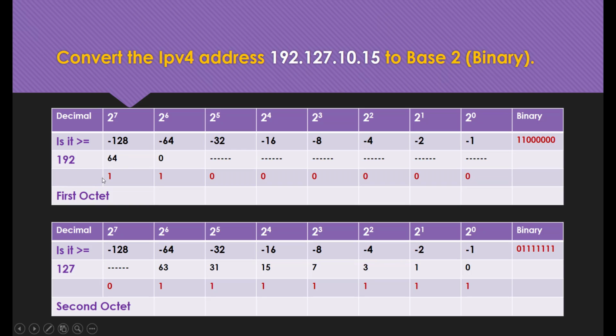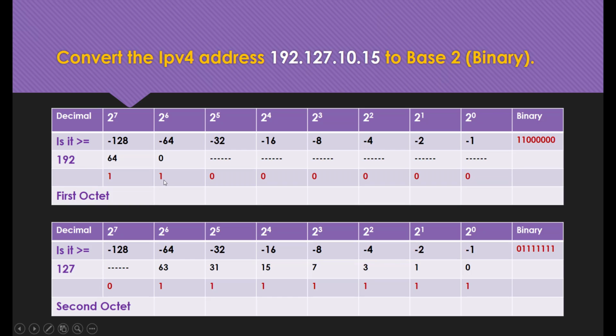We can see the first octet, which is 192. We'll take it through the same process: is 192 greater than 128? Yes, true, and that's why we have 1. And 192 minus 128 will give us 64, and we'll take 64 now to the next column. Is 64 greater or equals to 64? Yes, 64 is equals to 64.